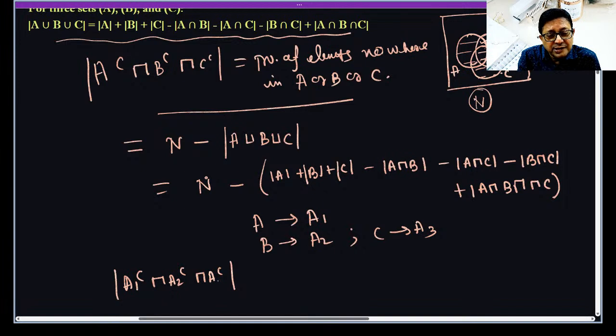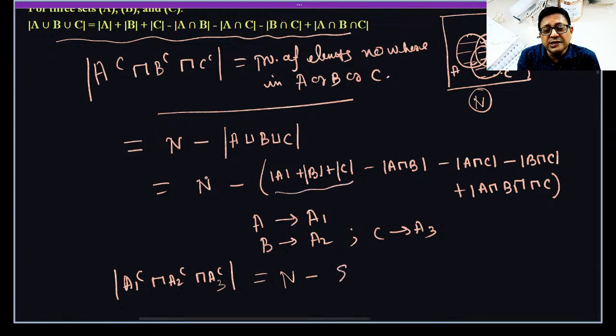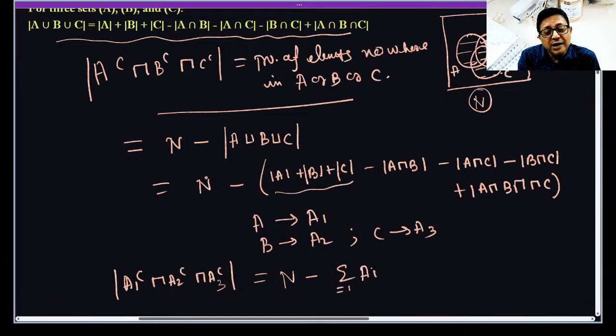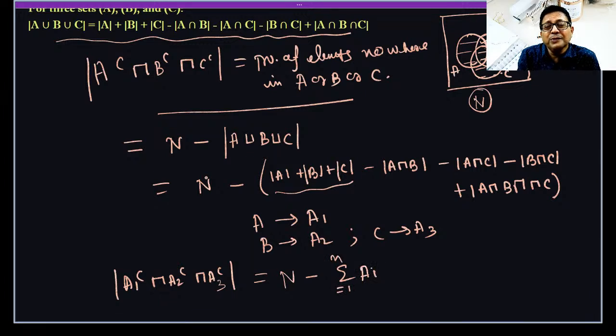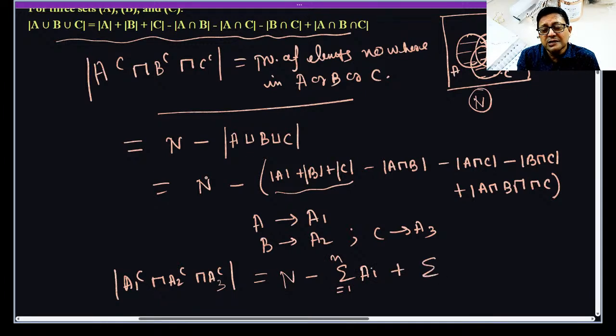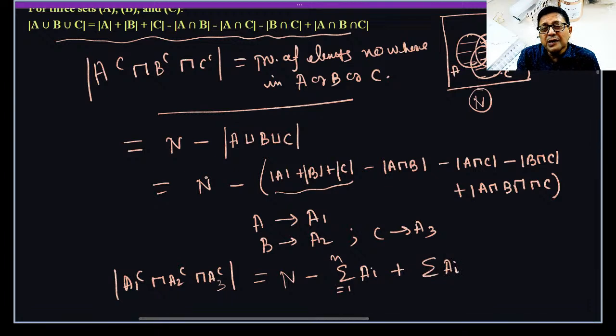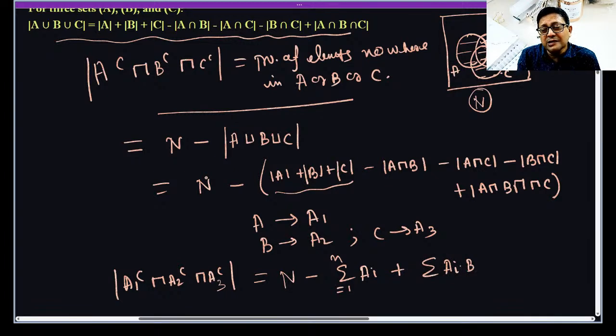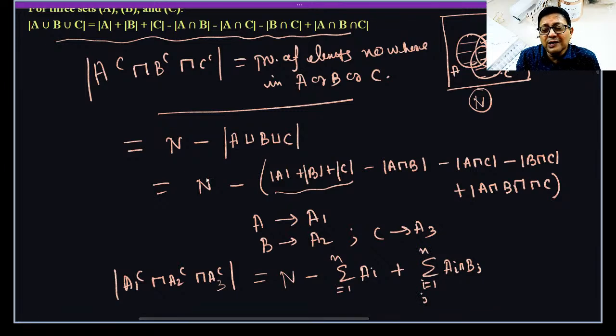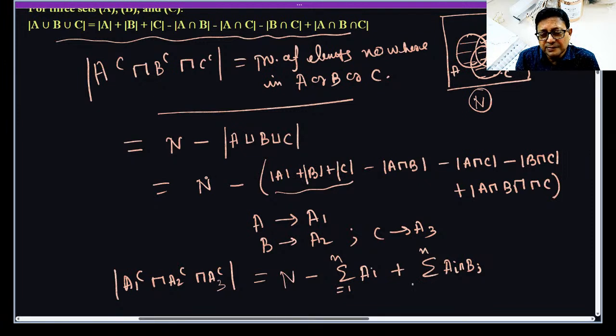We can get n minus the union of three sets, that is sigma Ai, i equal to 1 to n. You open the bracket, plus sigma Ai intersection Aj, i equal to 1 to n, j also 1 to n and i not equal to j, Ij.